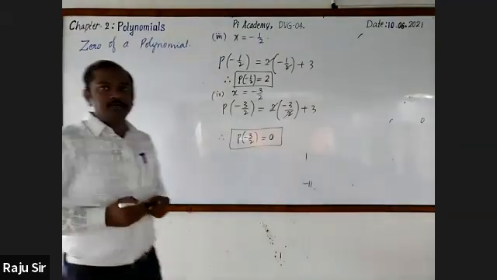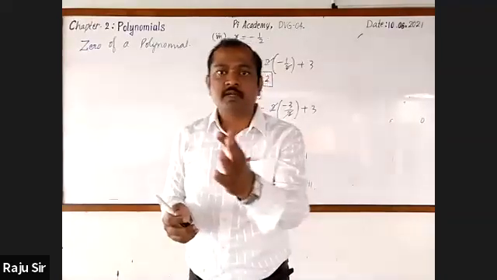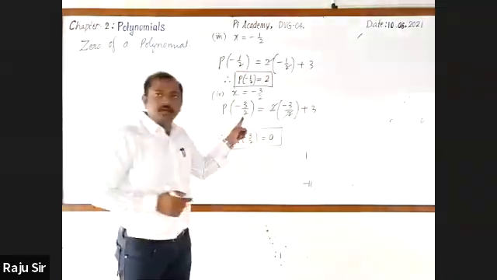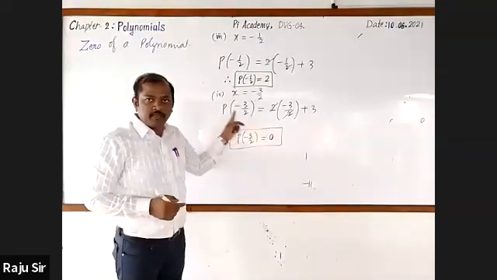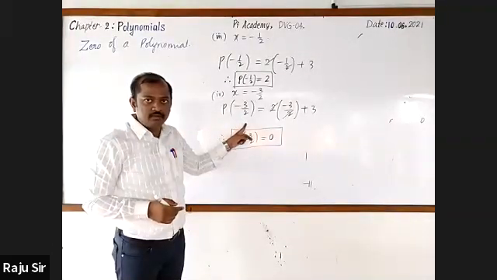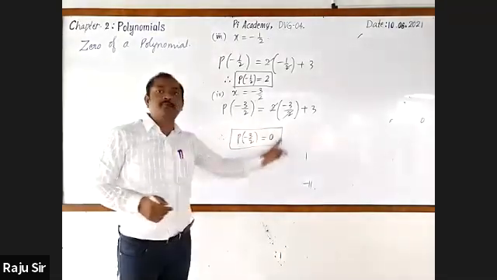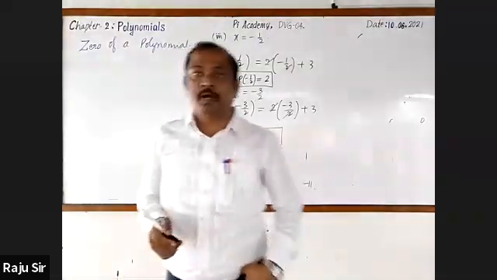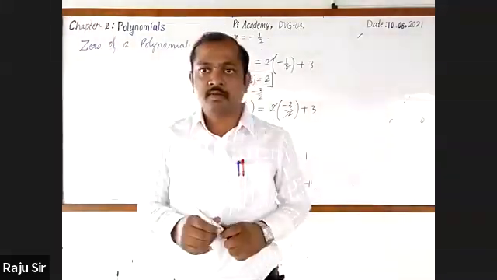Write the definition. Before that, listen carefully. The value of the variable involved in the polynomial, which makes the value of the polynomial as 0, is called zero of a polynomial. Clear?